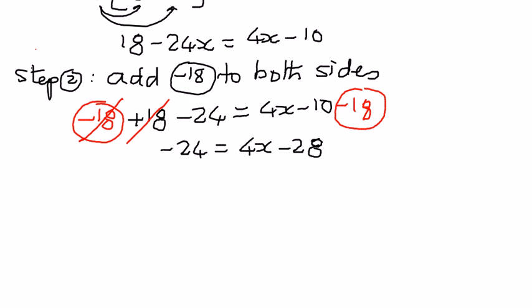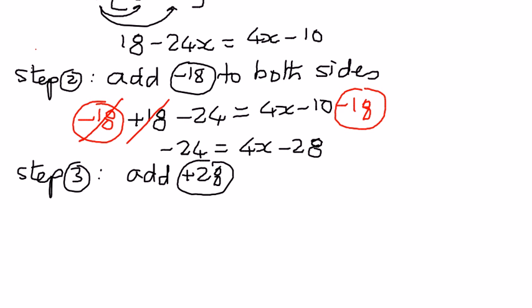We have constant numbers on both sides of the equation, so we want to get rid of the 28 on the right hand side. Therefore we will write this next step, step number 3. We're going to add positive 28 to both sides of the equation, and when we do that, this is what we're going to achieve.